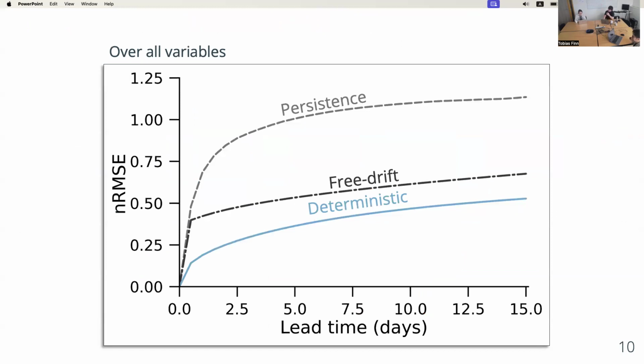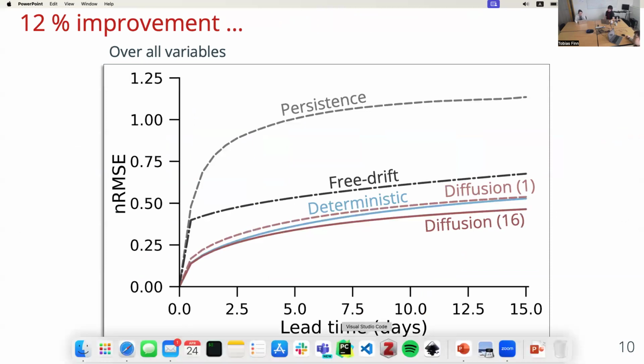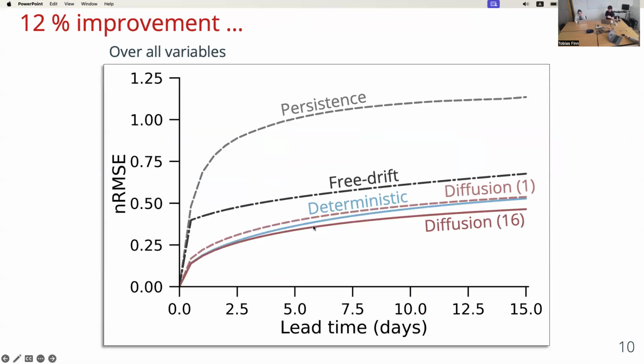So coming back to the results, if we now do this, again this is the normalized root square error over all model variables, then we can see that if we do a forecast with one single ensemble member, we are worse than the deterministic model, because the diffusion model suffers from a double penalty in the normalized root square error.